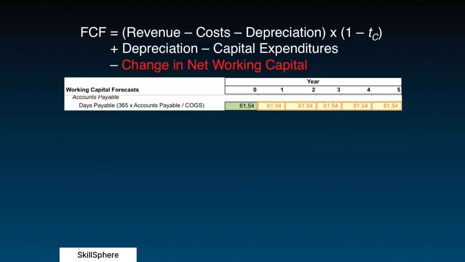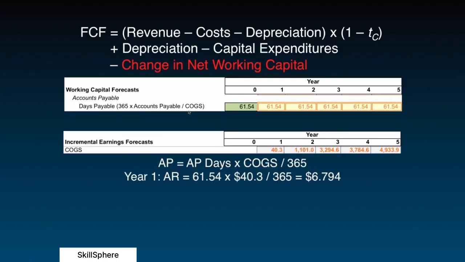And finally, we turn to accounts payable. I've got days payable assumptions of 61.54 days. This is based on COGS, so here's my COGS series for convenience. I apply my days payable forecast to our forecasted COGS series, and out pops the accounts payable forecast. Okay.